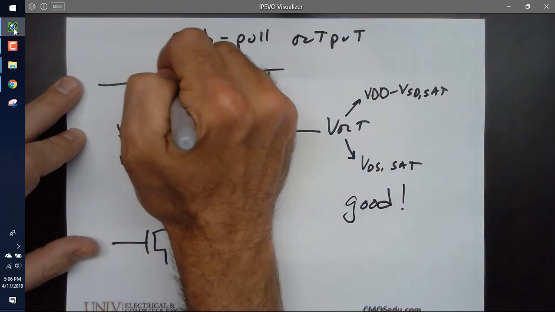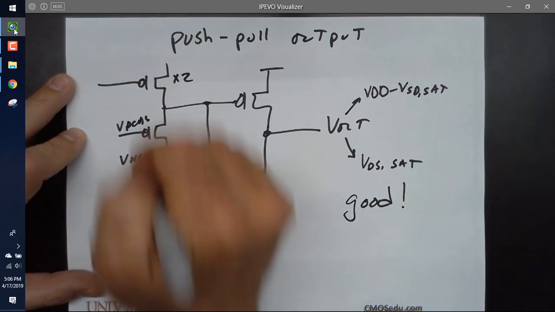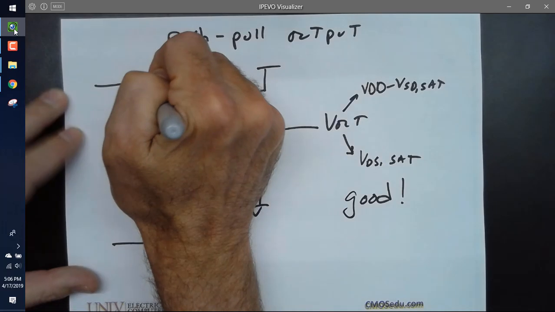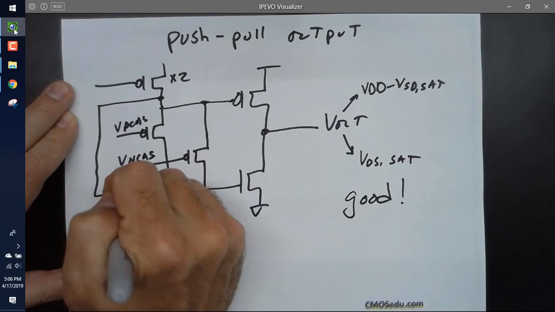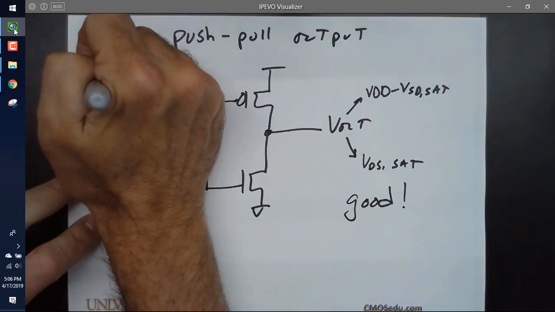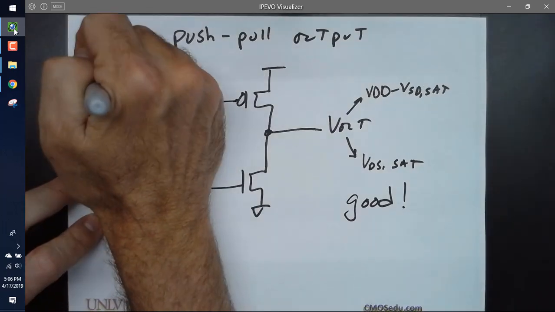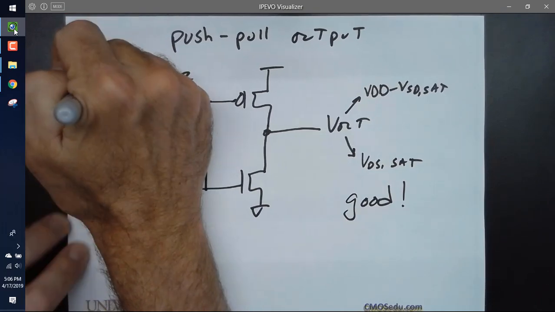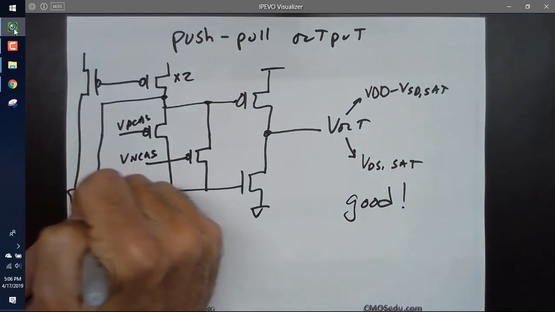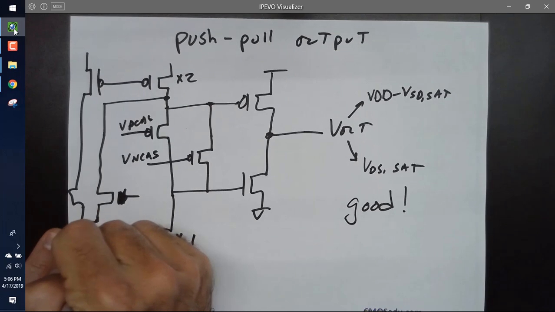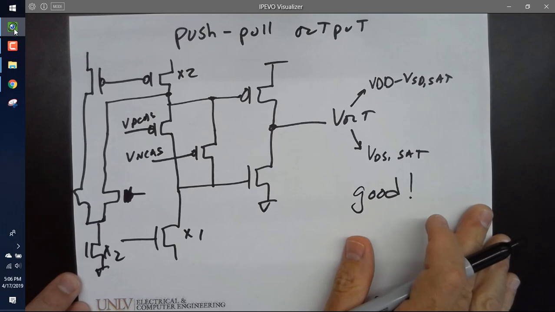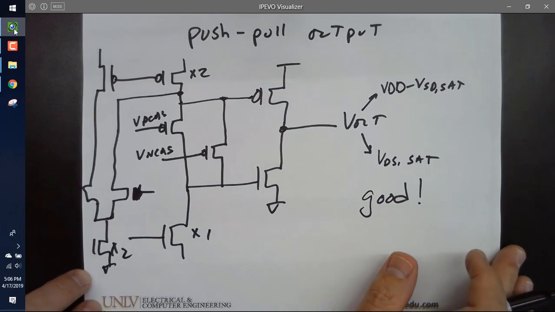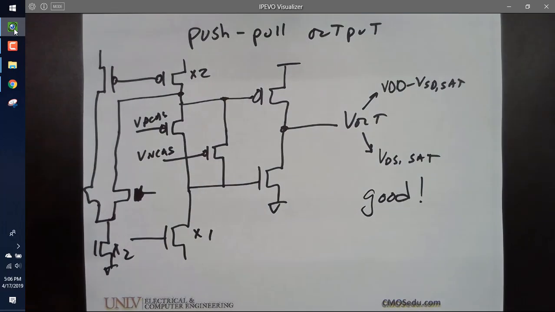And then here we'll say times 2 times 1, and then we'll put our diff amp like this. And then over here we'll have our other side of our diff amp. And then we'll have our NMOS down here. This will be times 2.